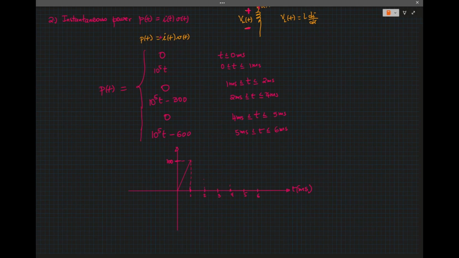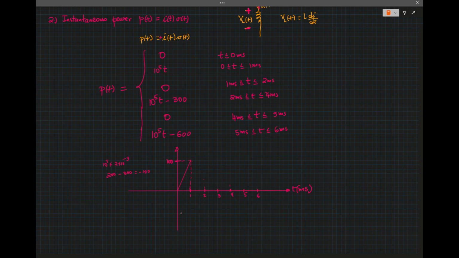When I plug in 2 milliseconds, it gives me 10 to the 5 times 2 times 10 to the -3, which is 200. So minus 300, that is minus 100.